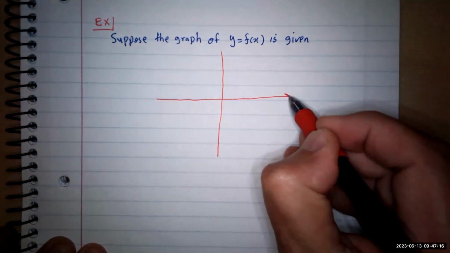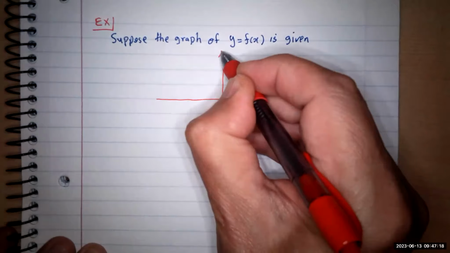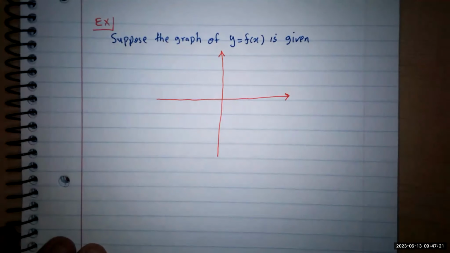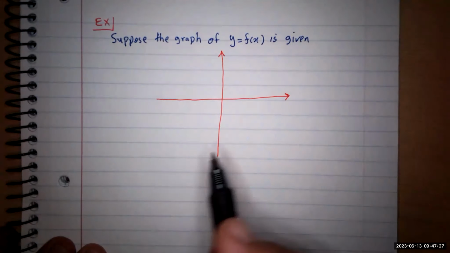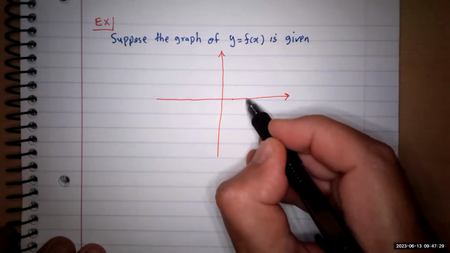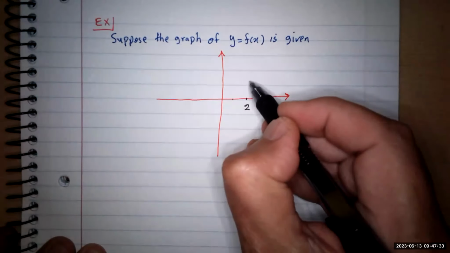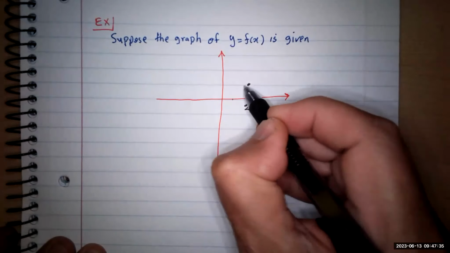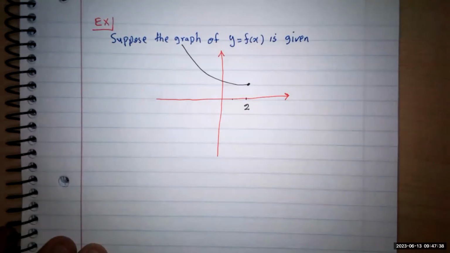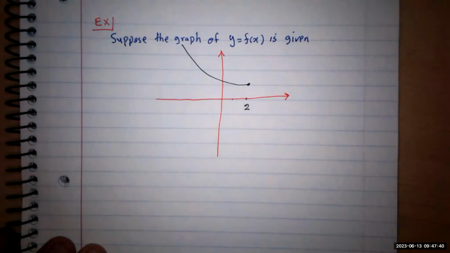You have quite a lot in your book. Just check a couple of them, not bad, to make sure you are able to read the information from the graph. So what I have is going to be, I would like to get the number 2 here. That's going to be 2. Then I put a graph here. So this is one portion of the graph. And then I pick another number.